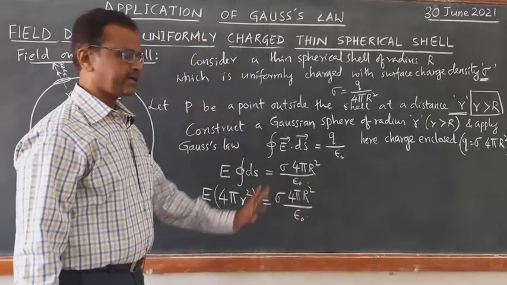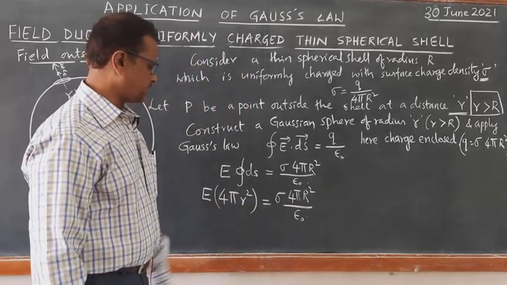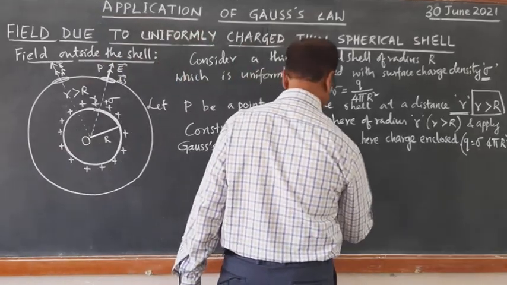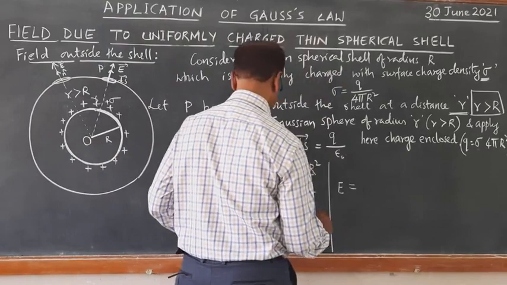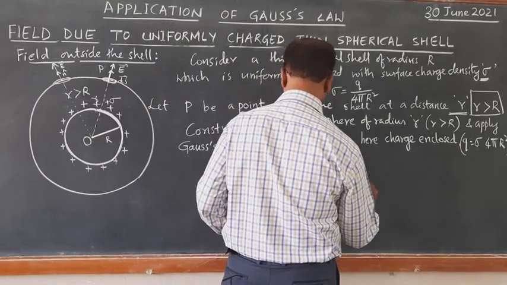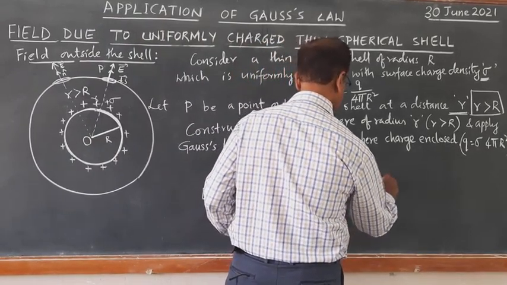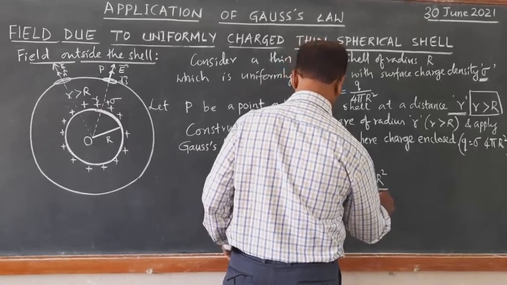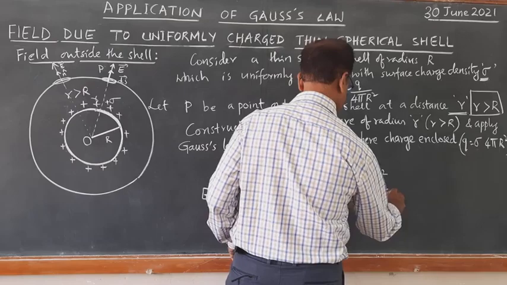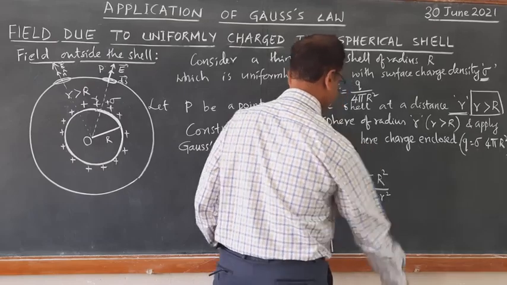Now 4 pi cancels. So we can write the electric field as sigma into capital R square divided by epsilon naught into small r square.